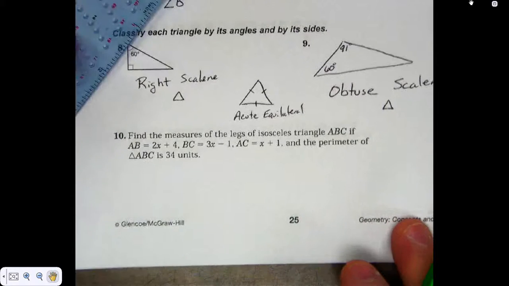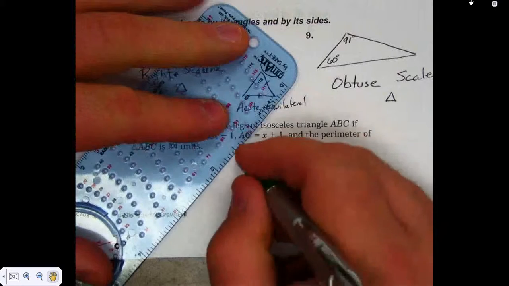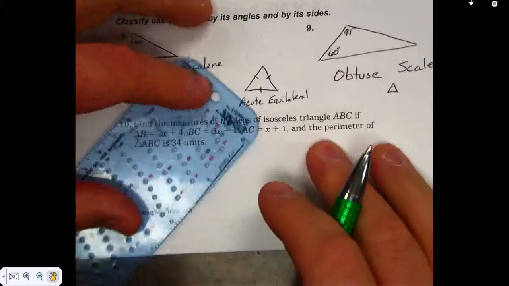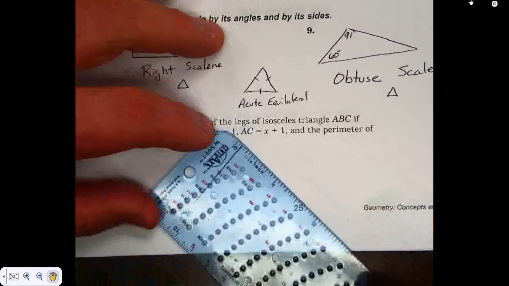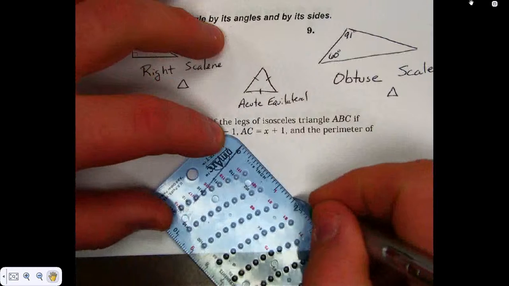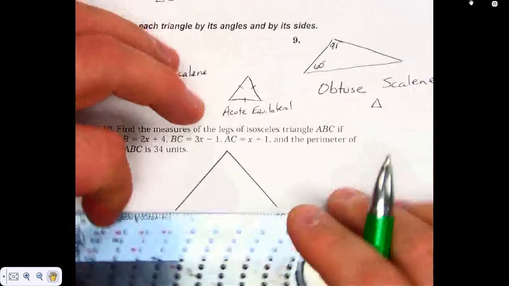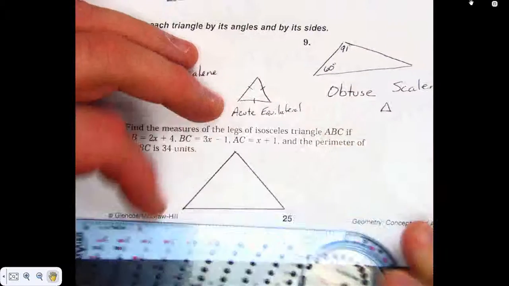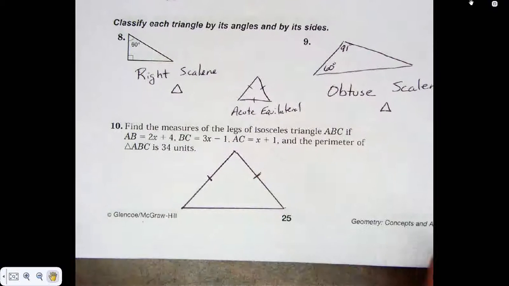Anyhow, find the measure of the legs of isosceles triangle ABC. So let's draw us an isosceles triangle A, B, C. Okay, so I'm going to make this my two congruent sides, okay?